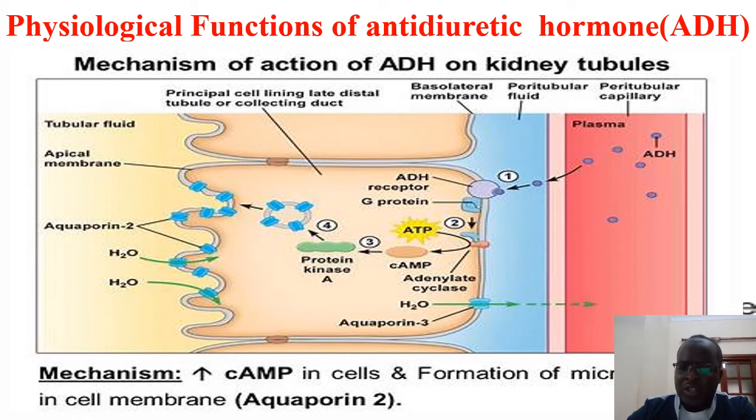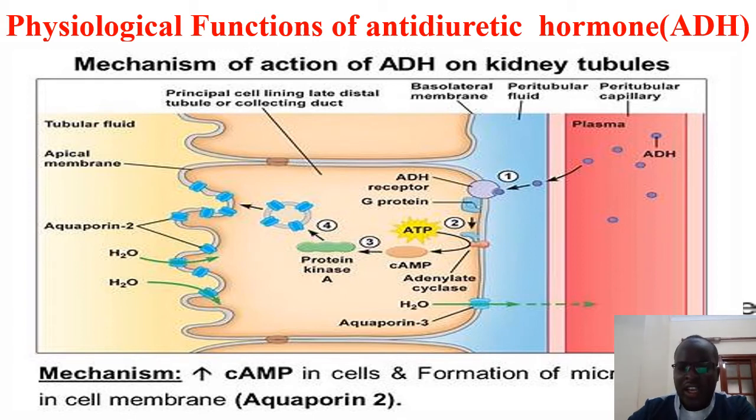Then the alpha protein subunit will dissociate from the beta gamma protein subunit. The alpha protein subunit can activate the adenylate cyclase enzyme, which will convert ATP into cyclic AMP, so adenosine triphosphate into cyclic adenosine monophosphate.